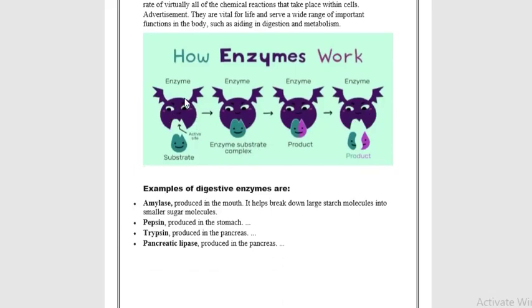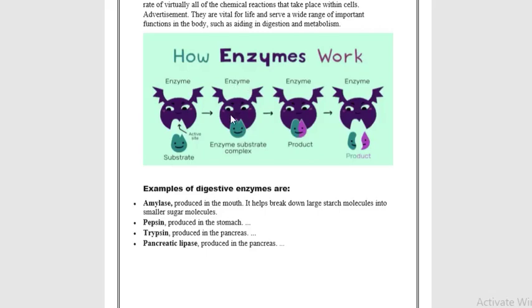Enzymes have a very important theory called key and lock. Each enzyme has a specific substrate. The enzyme and substrate are very close to each other. The substrate has a point called the active point. It's very suited to its enzyme.